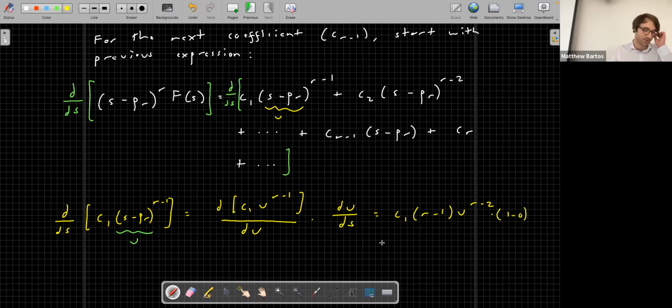Okay, and that will give us simply r minus 1 times C1 (s minus p_r)^(r minus 2).